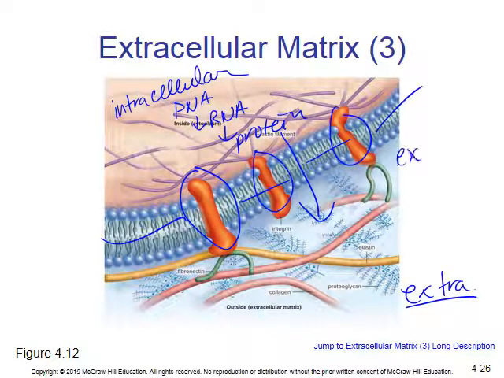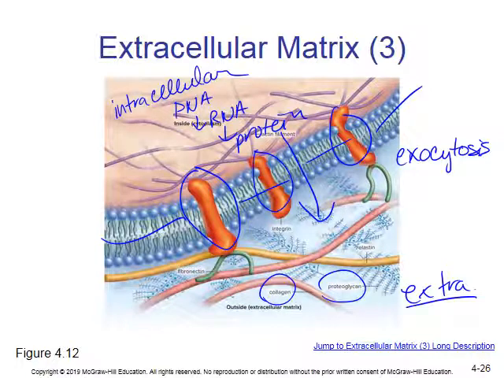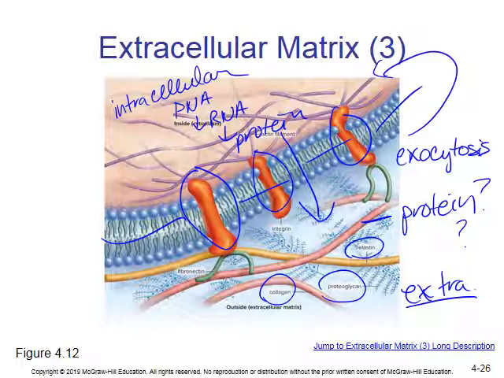We just saw exocytosis. So we do have proteins outside of a cell that allow cells to stick together and form sheets of cells, which we're going to call tissues. So I just want you to realize that if there are proteins outside of the cell, who made these proteins, right? They came from inside the cell. They came from the DNA code inside the cell.